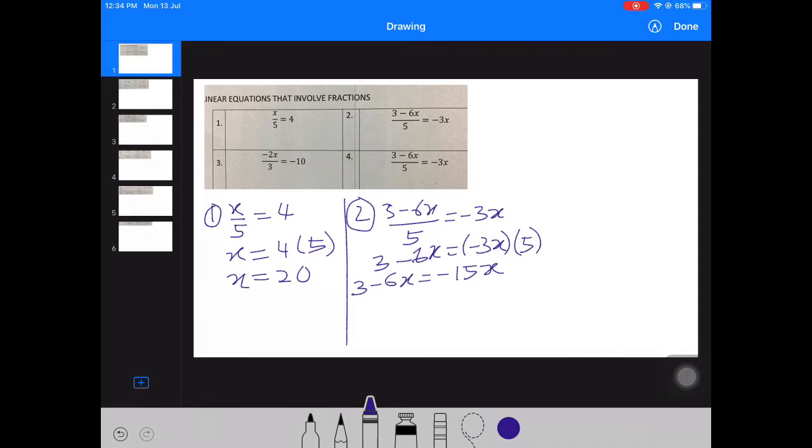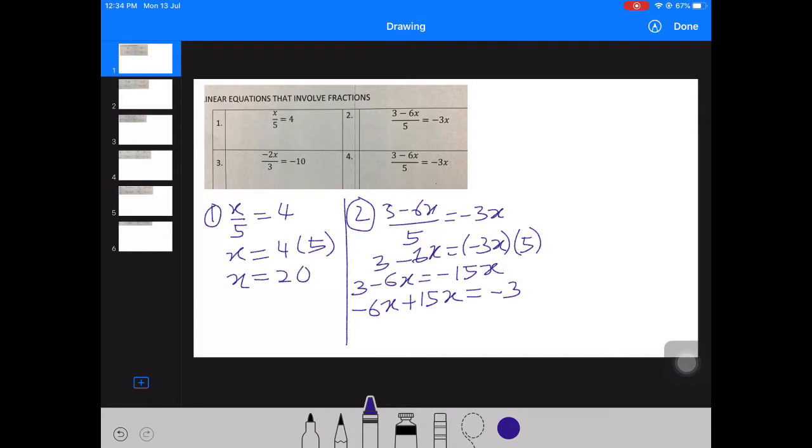I'm going to bring this 3 to the right, and minus 15x we're going to bring to the left. So it becomes negative 6x plus 15x equals negative 3.